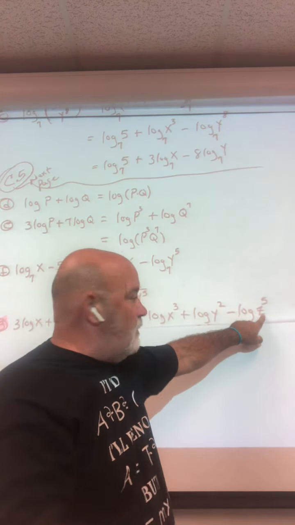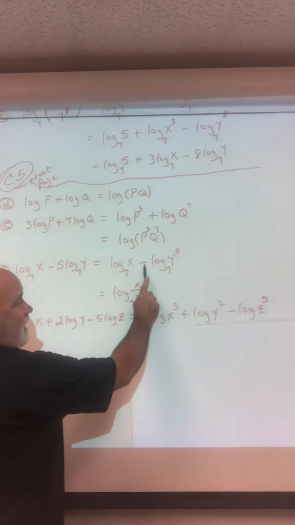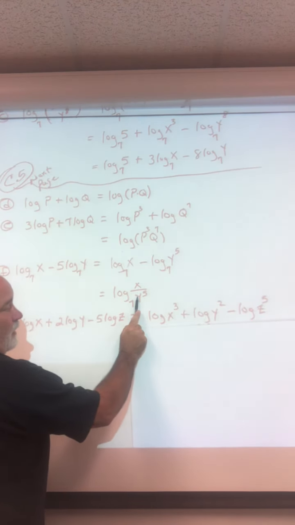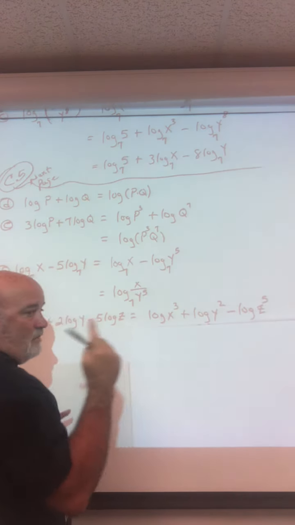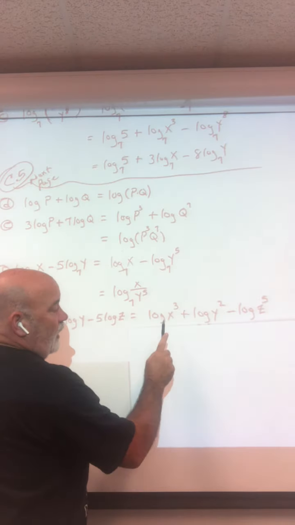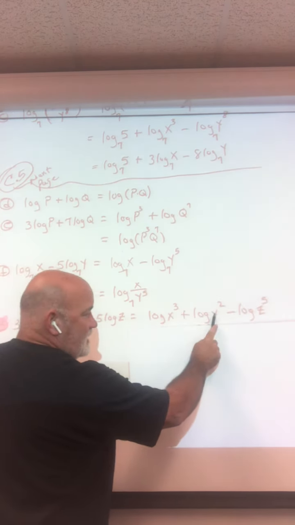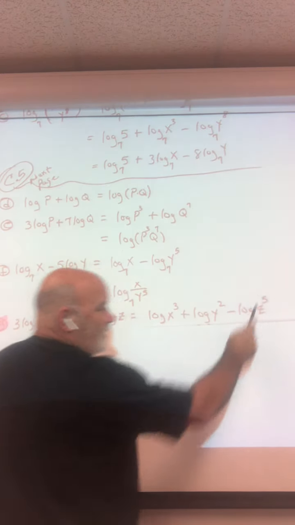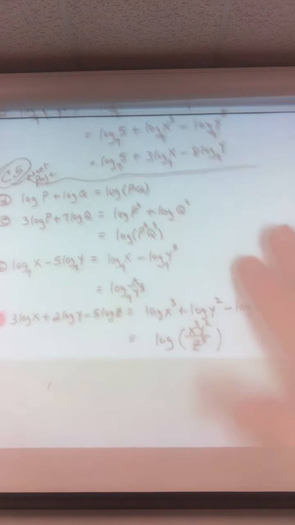You put it in the bottom. The one that comes behind the minus goes in the bottom. So it's going to be 1 log, not 3. 1 log, and you're going to multiply this times this over that. That's how that's written.